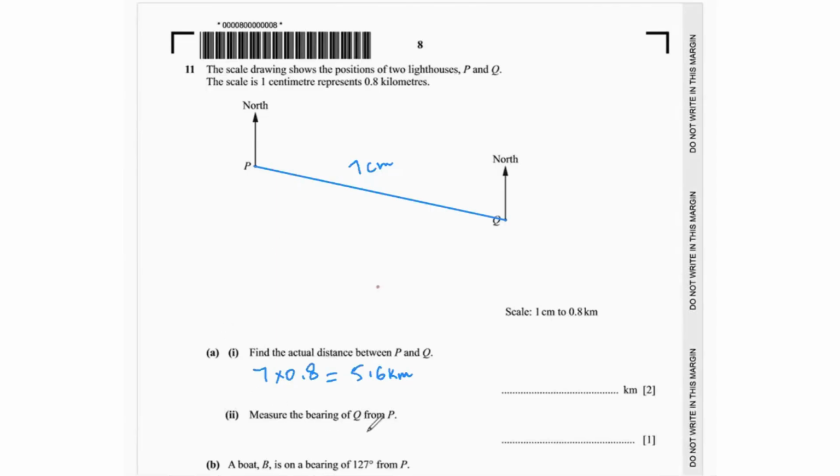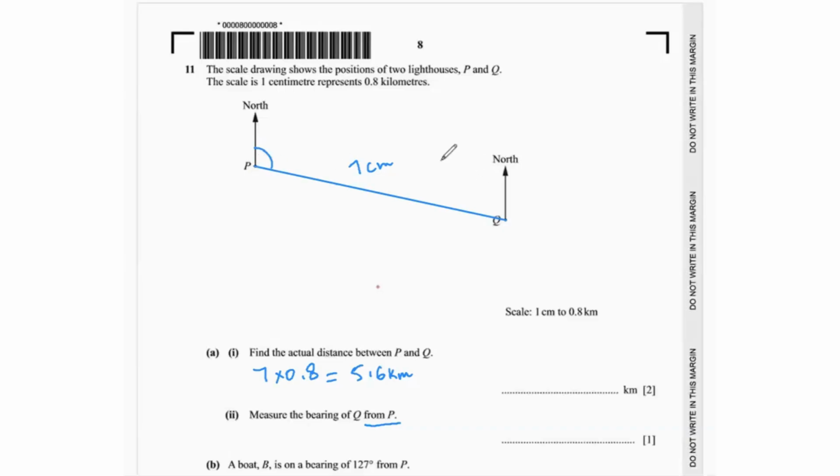Then it says measure the bearing of Q from P. So what you would do is you would measure this angle using your protractor. And remember in bearing, where it says from, the point where you have to measure it from, you will start measuring the angle from over there. You start measuring from the north towards the line that connects the 2 points.